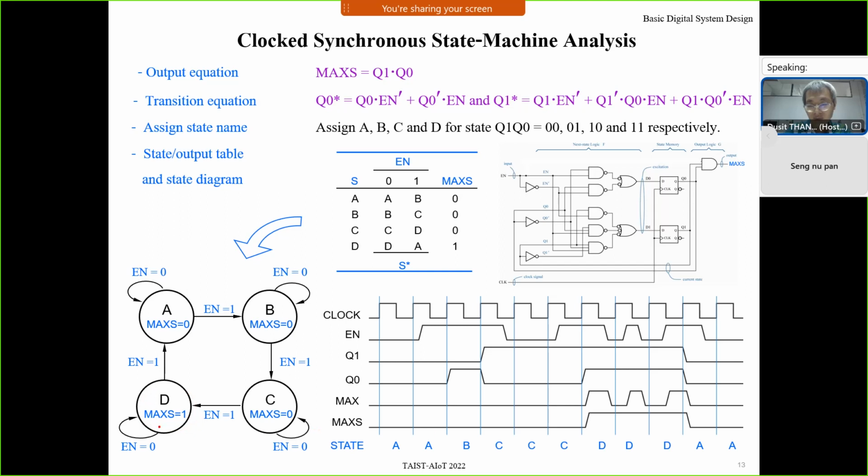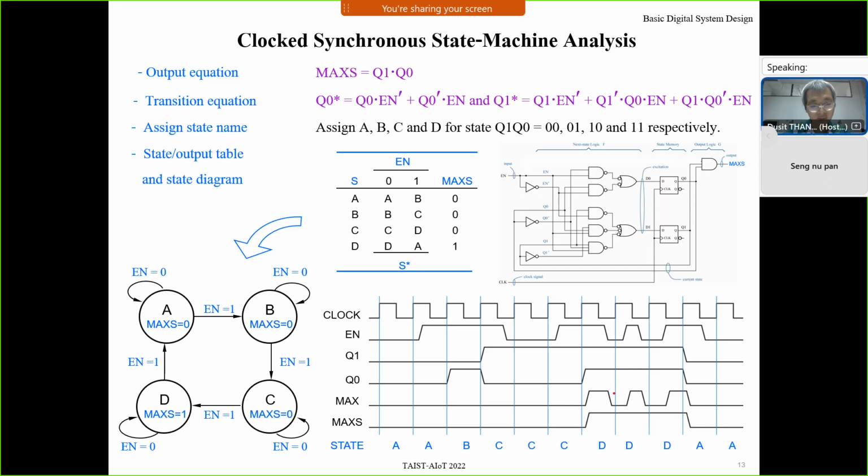Because output will be 1 when the circuit is in state D, so it's 1 here. Another period of time, output 0. Compare this case and this case, it's different, right? This Mealy type state machine and this one is a Moore machine.